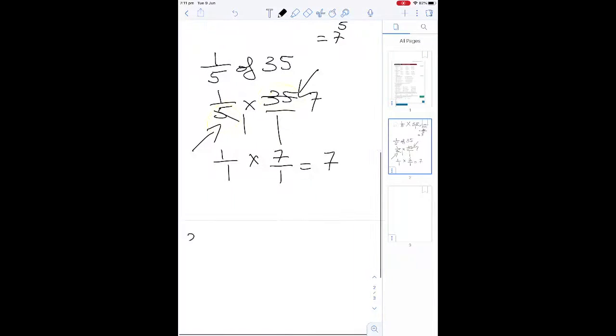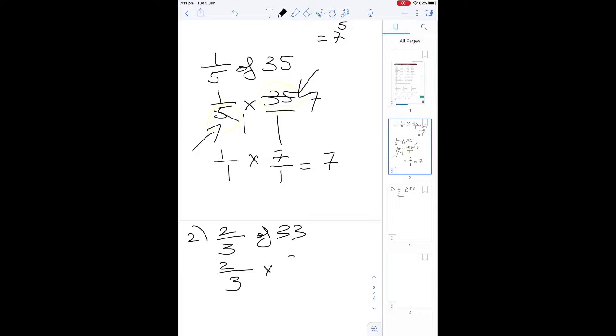I'm going to do it here. 2/3 of 33. How might you do a question like that? A couple of ways. My favorite one, again, is to see if I can get a diagonal matching. I know this ends with 3 and this ends with 33, and if you know your times tables, both of these are divisible by 3. 3 goes into 3 once and 3 goes into 33 eleven times.